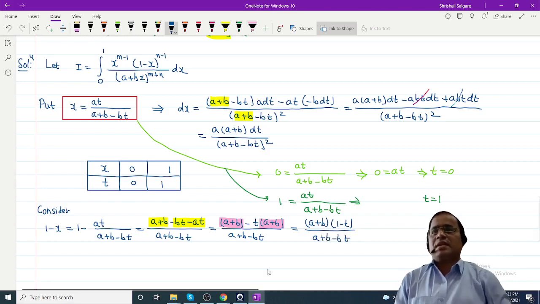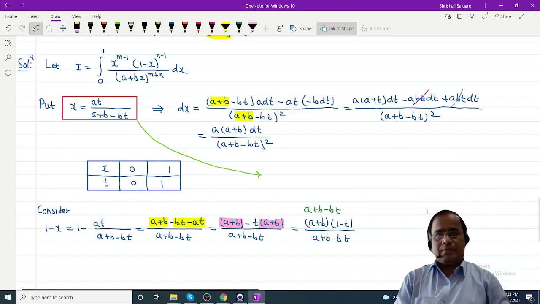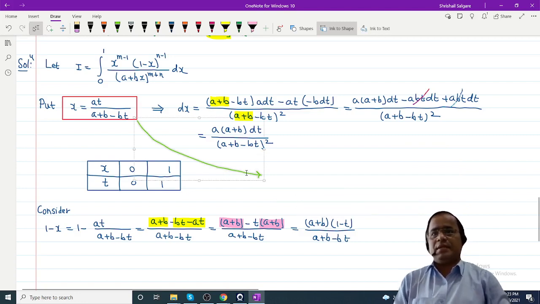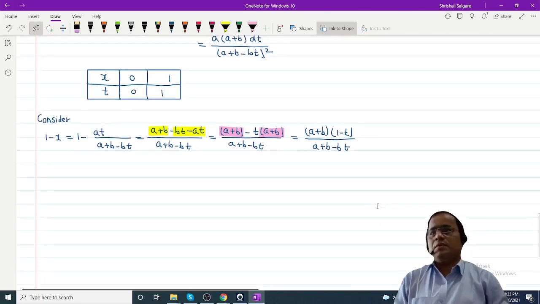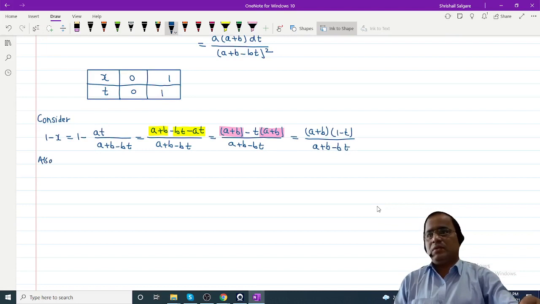So try to calculate the next, a plus bx factor. Yeah, I think it's fine. Now the second one is, what is that factor? Also a plus bx.